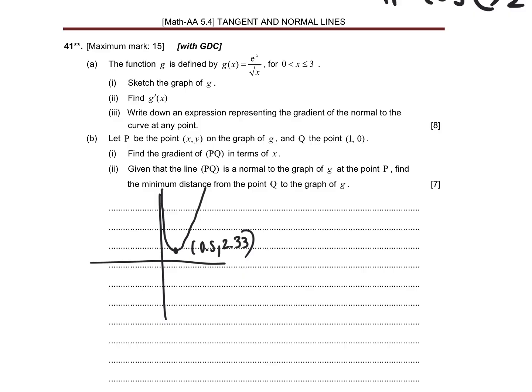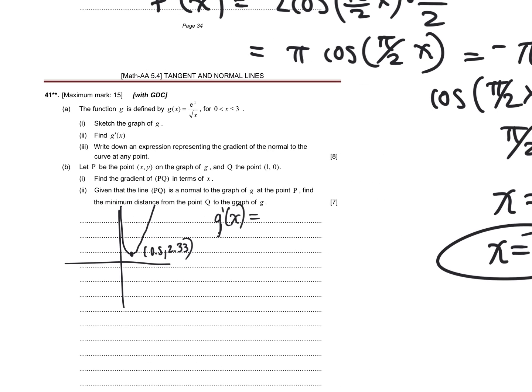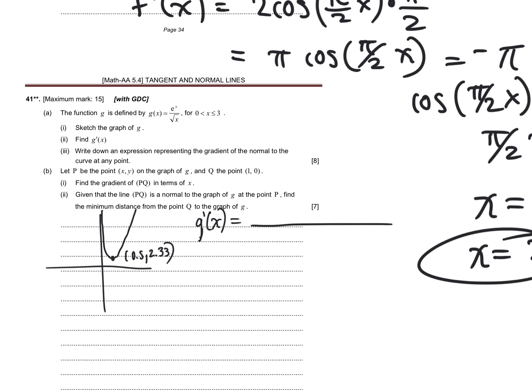Okay, find the derivative. So this is quotient rule, or you could do it product rule if you want, but whatever. So we start with v down here and up there, okay? So u is e to the x, du is e to the x, v is x to the 1/2, dv is 1/2 x to the negative 1/2.